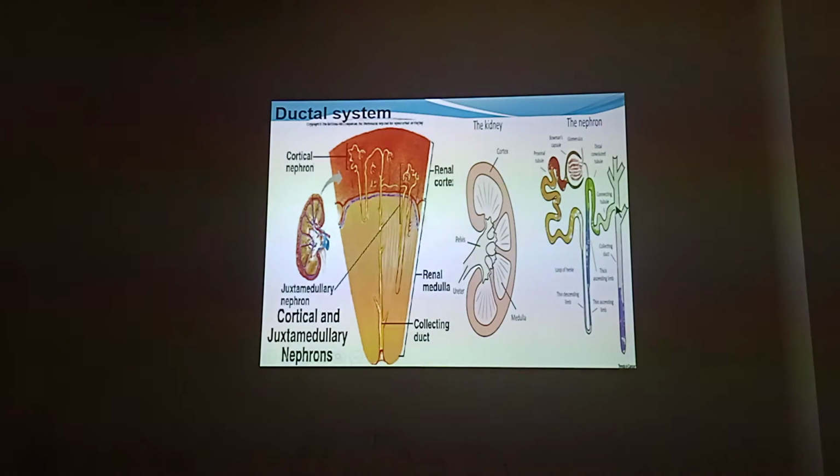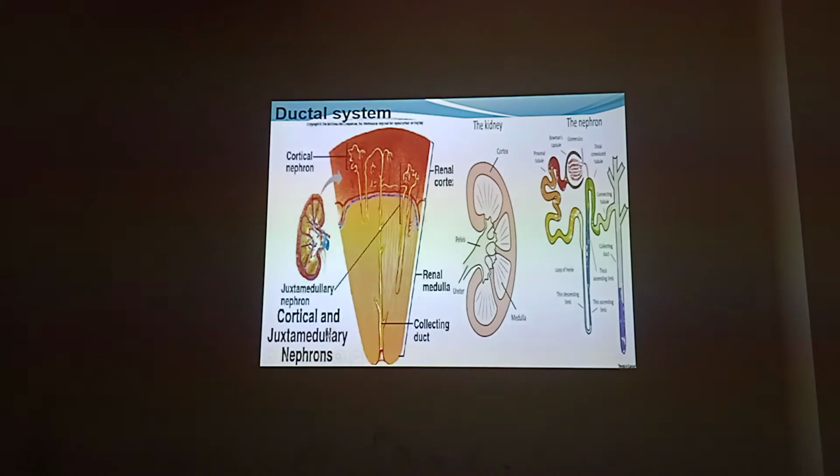This is the collecting duct, or duct of Bellini or papillary duct, which opens into the minor calyces. Then there is the major calyx, renal sinus, renal pelvis, like this. So this is our ductal system.